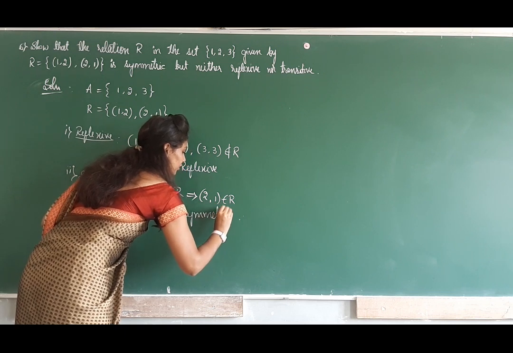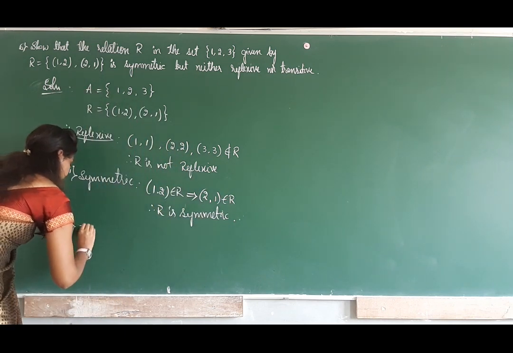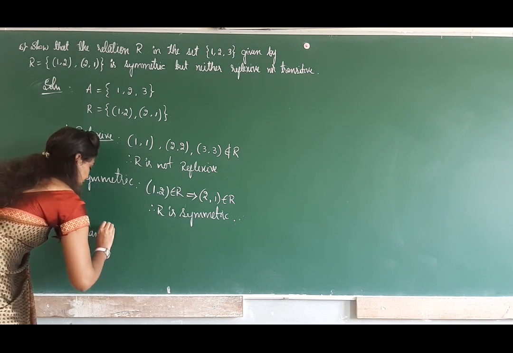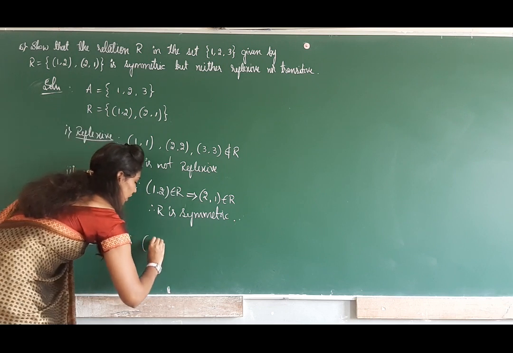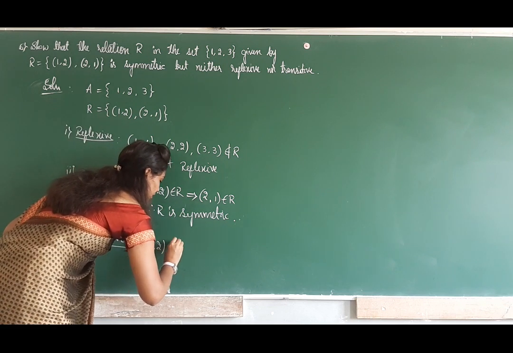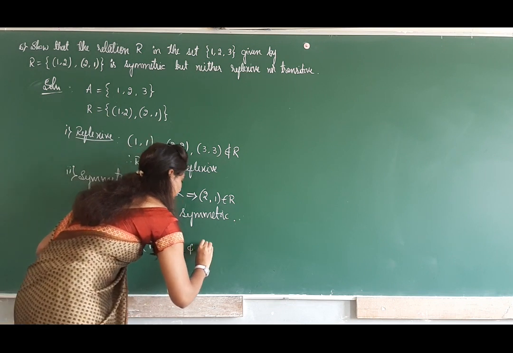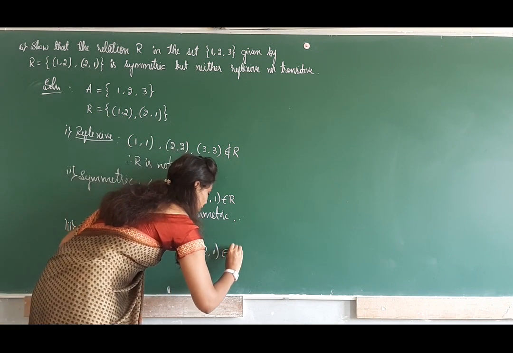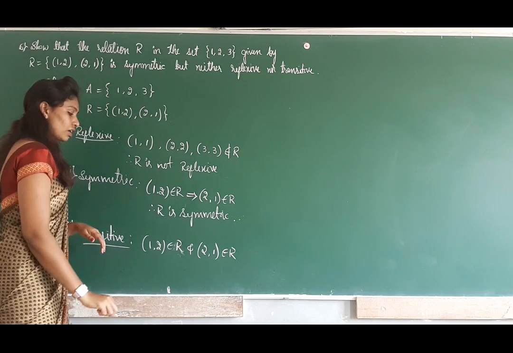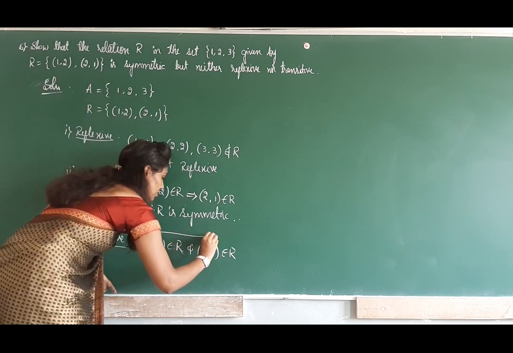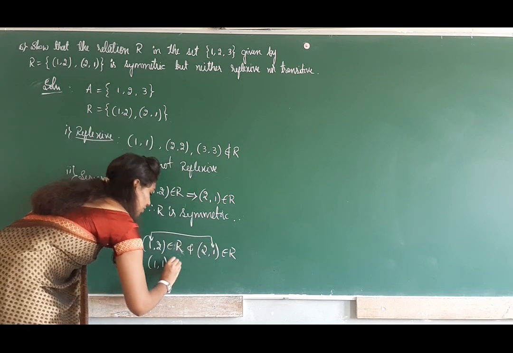For transitive, observe here. The ordered pair (1, 2) belongs to R and (2, 1) belongs to R. But for the first and last elements, the ordered pair (1, 1) belongs to R, not right.